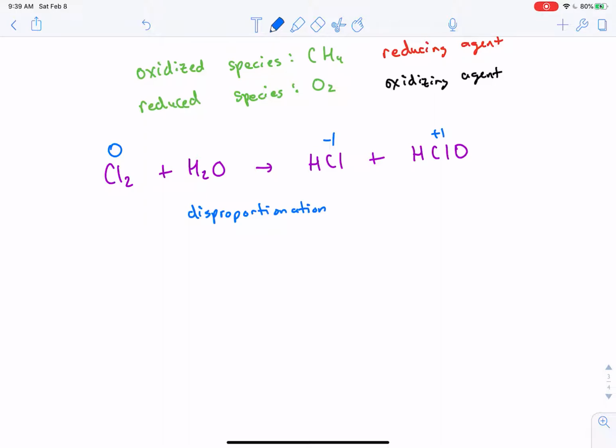Would that be like a hard exam question? I don't think they would ask you that it's a disproportionation reaction, but they could give you that reaction and ask what element's oxidizing, what element's reducing. And if students didn't understand that that's possible, they would try to make up an answer that didn't fit.